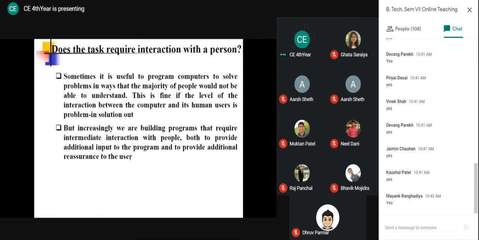But if any of the above conditions is violated, then interaction is a must. Suppose the program is capable of finding a proof by itself, but we want to know how the proof is found. In that case interaction is required, or the program is not able to determine where to start, or needs assistance in an intermediate state.